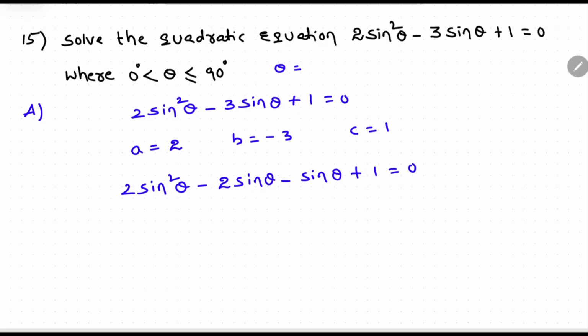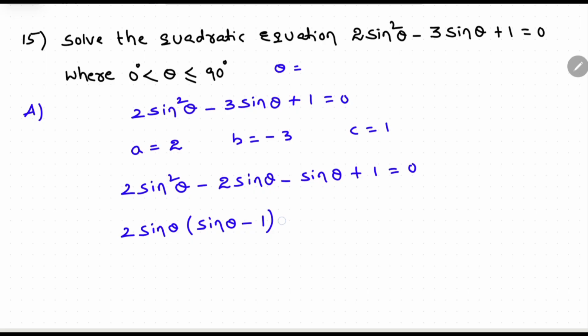Now, when we take 2 sin theta common here, we have one more sin theta minus 1, and minus 2 sin theta is already common. Here we have sin theta positive and 1 negative, but here sin theta is negative and 1 positive.